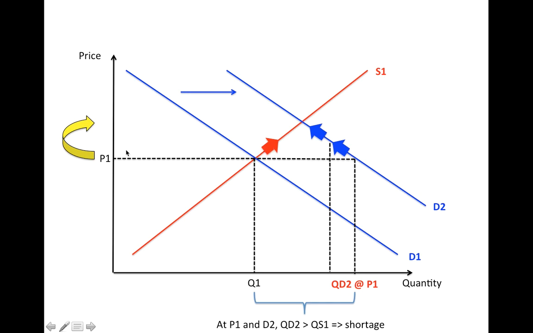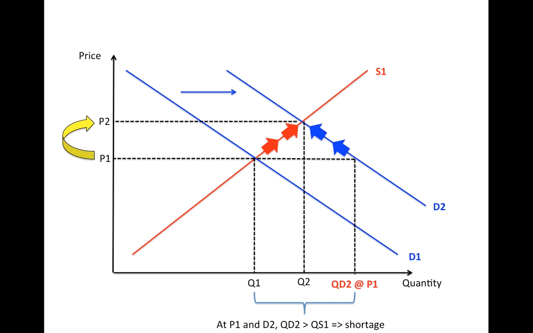And now this price, as it's going up, makes those units worthwhile producing. So the incentive function incentivizes the suppliers to produce more. Until where? Well, until we reach the equilibrium.